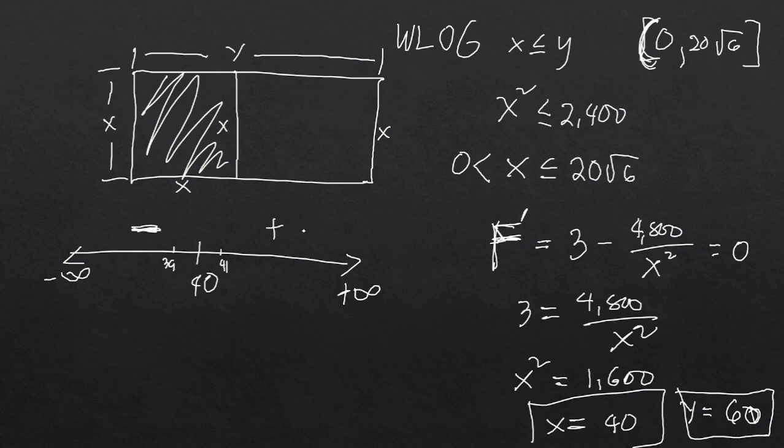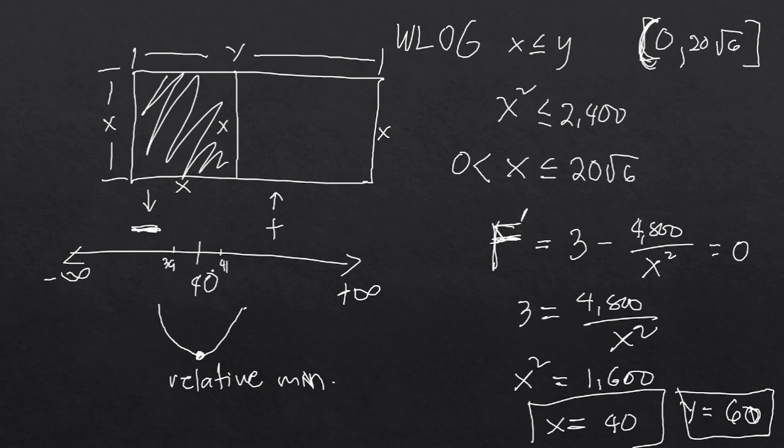It means in this interval, your function is decreasing. In the interval from 40 to positive infinity, your function is increasing. So it looks like decreasing, then increasing. So the point (40, 60) is a relative minimum. Okay? So relative min.